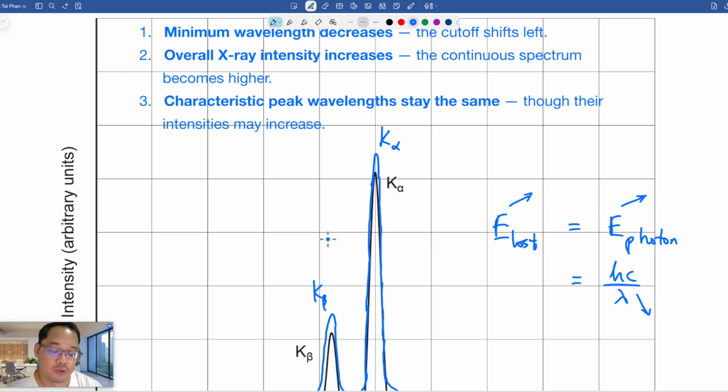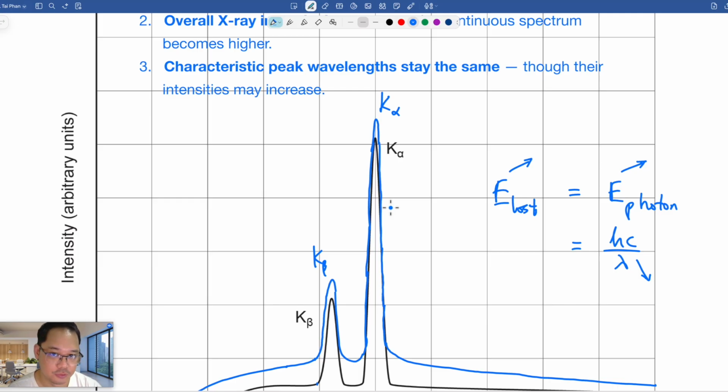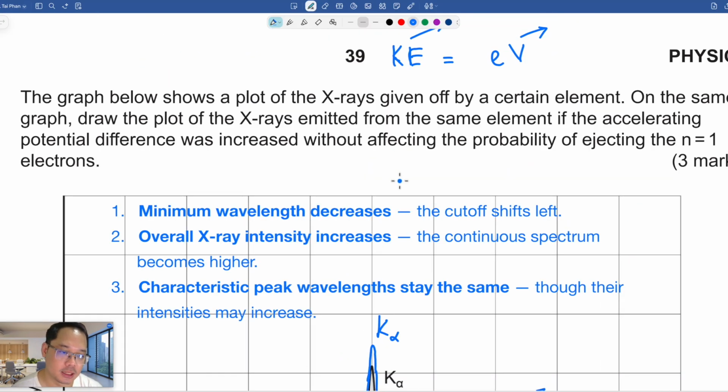It is corresponding to the transition of an electron from an outer layer to the inner energy level N equals 1, which is the basic energy level. But there's a thing here: the probability of ejecting an N equals 1 electron is the same. The probability of ejecting N equals 1 electrons is the same without being affected.